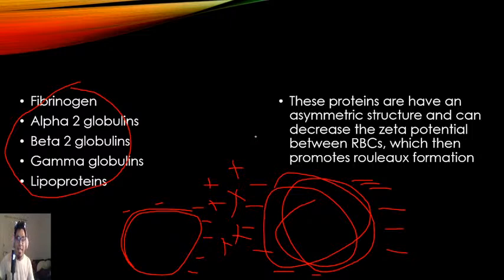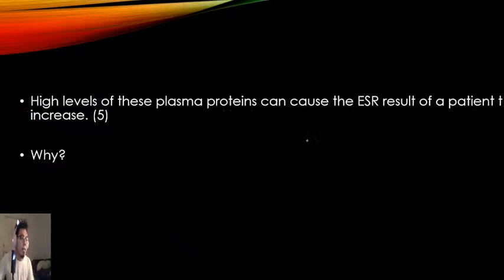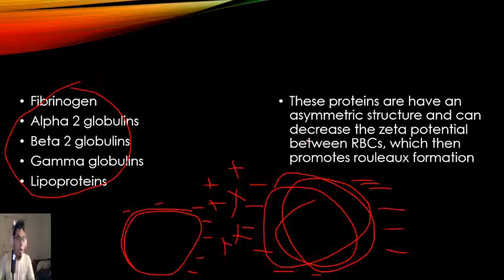So if the zeta potential decreases, the Rouleau formation happens faster. That's the reason why these five proteins can cause RBCs to stack faster, thereby also increasing the ESR value of the patient.